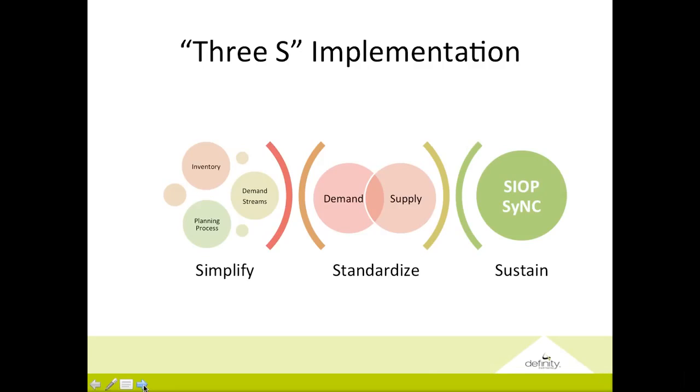There are plenty of manufacturing companies that are running their business just fine using traditional scheduling methodologies. In fact, this is not a scheduling methodology anyway. You can run your business without SIOP. My argument today is that you cannot create sustainable growth for your business without a good SIOP process.